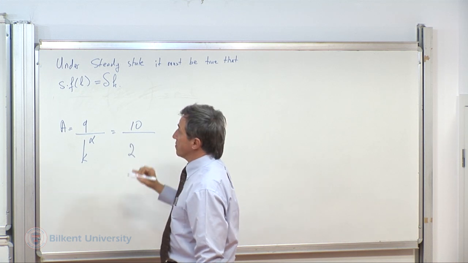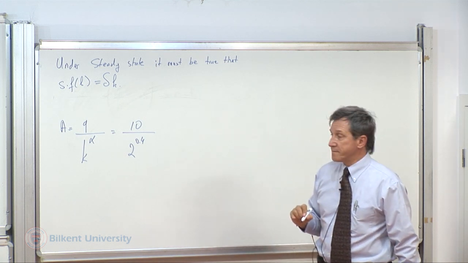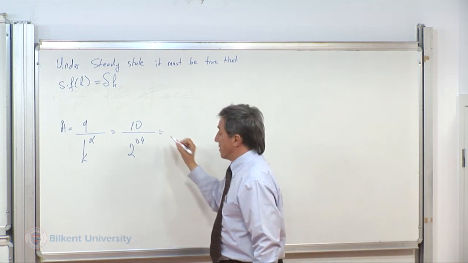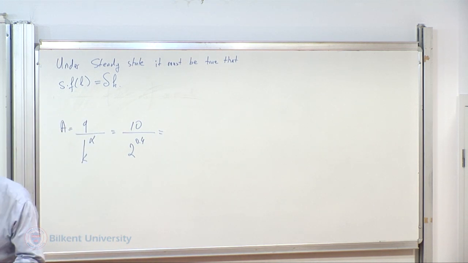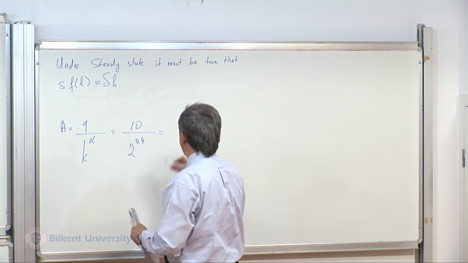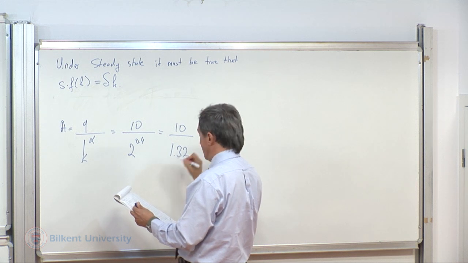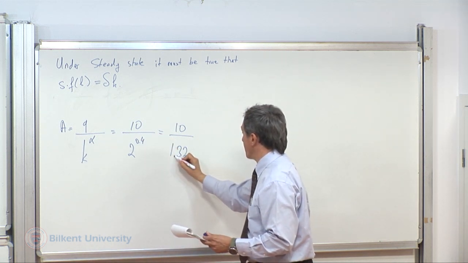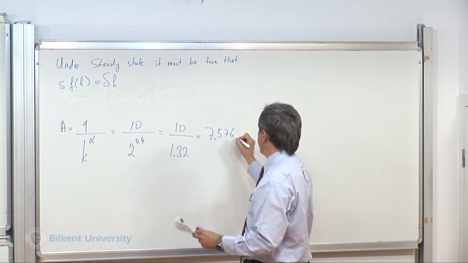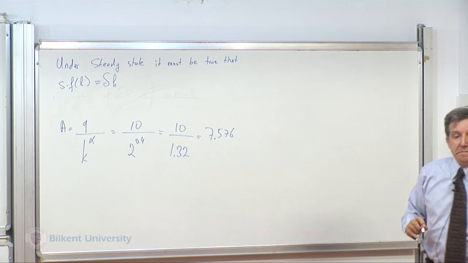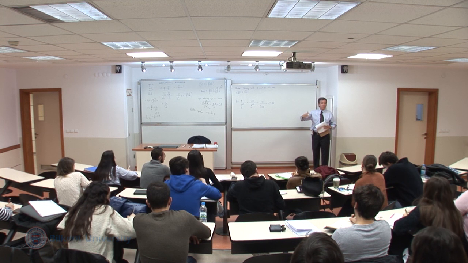What is K? 2. And to the power 0.4. From here, this is 10 divided by 1.32, which is what 2 to the power 0.4 is. And A turns out to be 7.576.